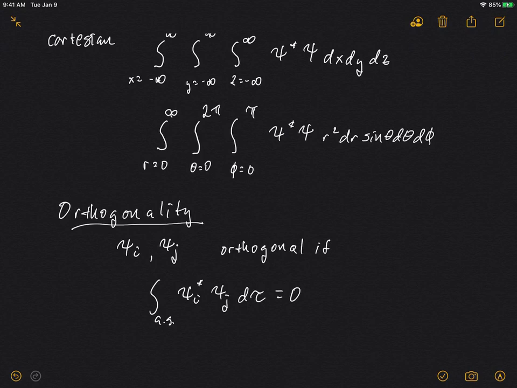So again, we're borrowing a concept from mathematics, from trigonometry, and it's similar to borrowing the concept of normality, but this is a slightly different concept of orthogonality than what you see in trig.